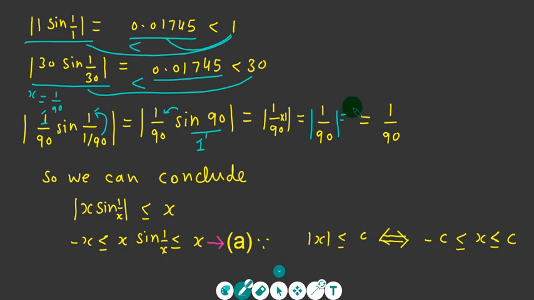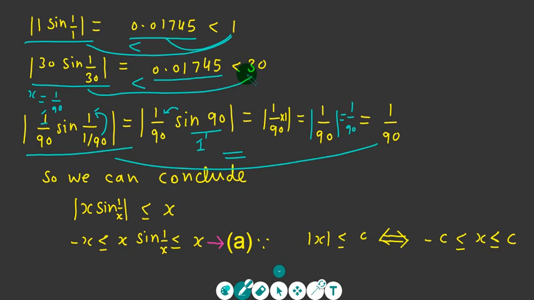So the absolute value of a positive number is also this number. So the absolute value of x times sine 1 upon x is equal to x. Now there is an equal relation.